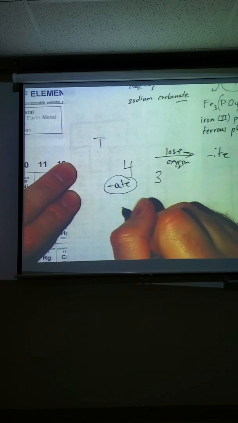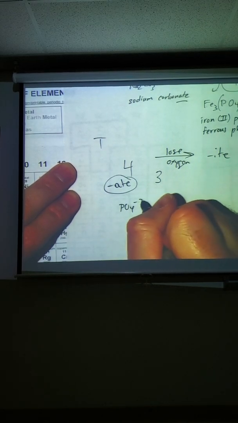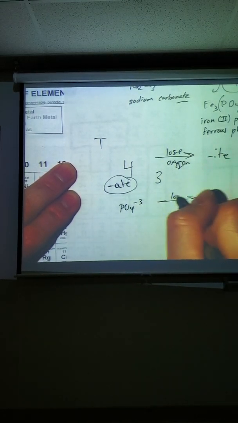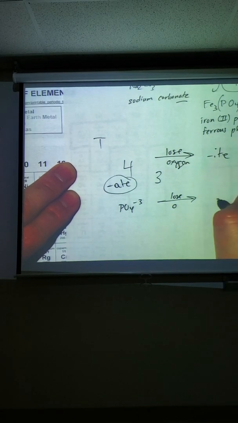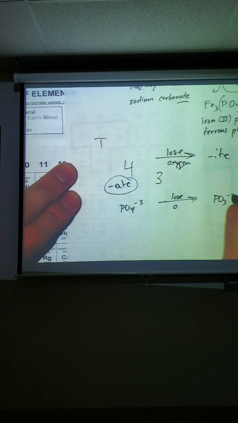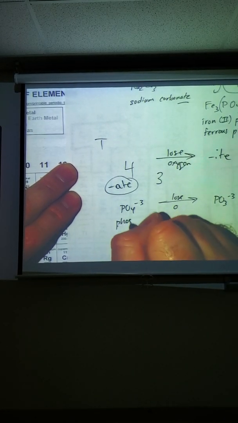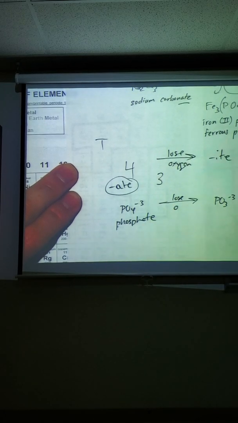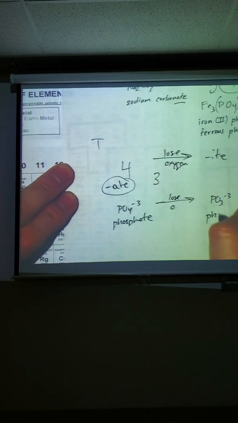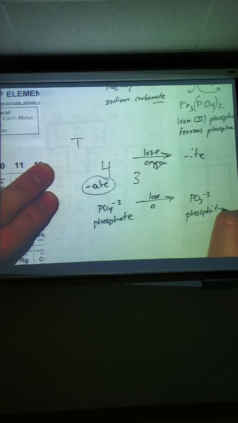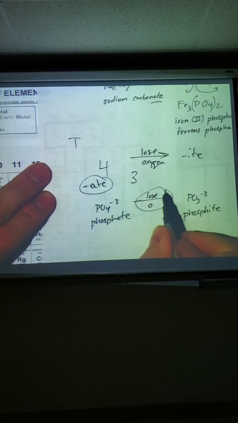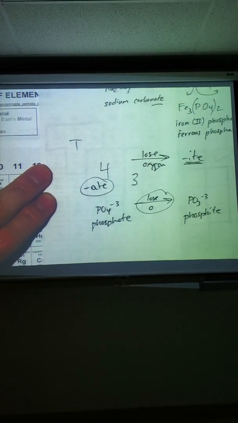So if you pick any ion over here like PO4 -3, if you lose oxygen, you're going to become PO3 -3. So this would have been phosphate, and now this is going to be phosphite. You can do that for just about all of them. So losing oxygen changes you to an ITE.